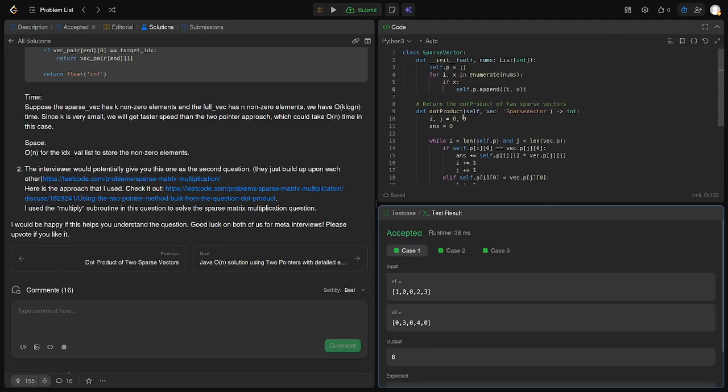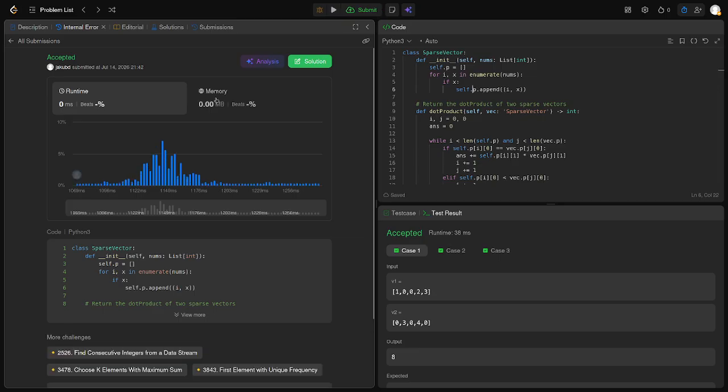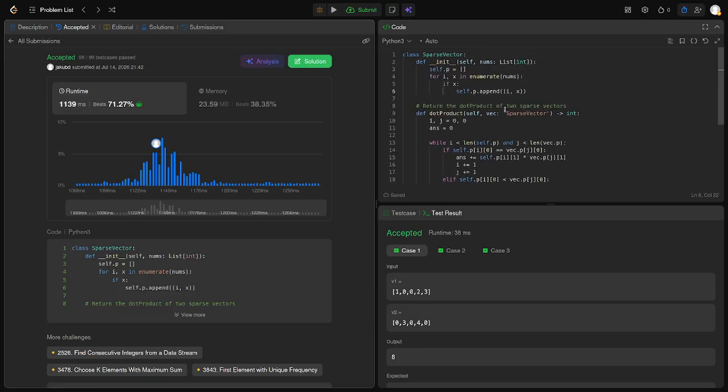It's kind of straightforward, and this should be way better, I'm guessing. Okay, so most people use this solution. That's interesting.